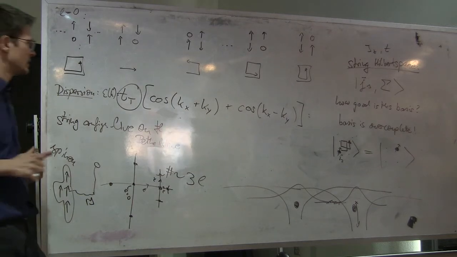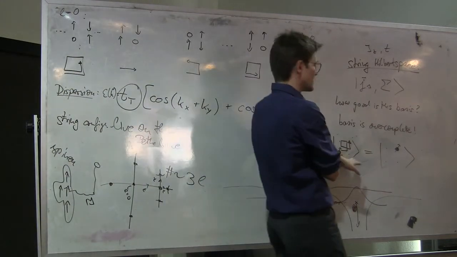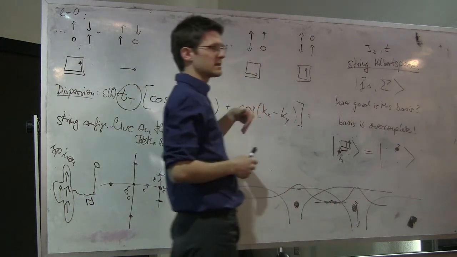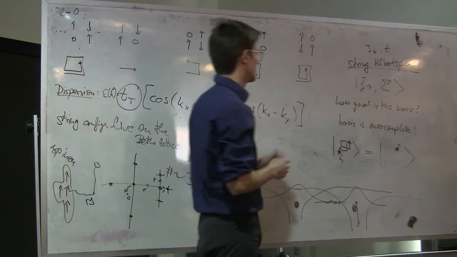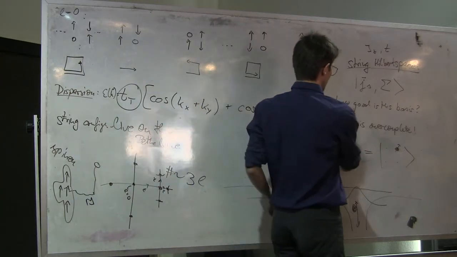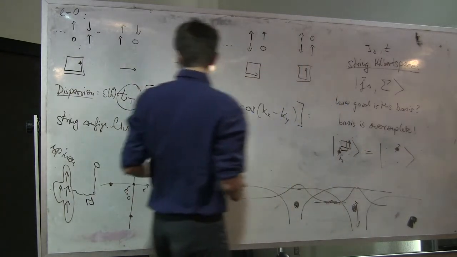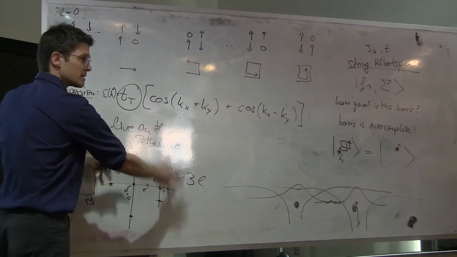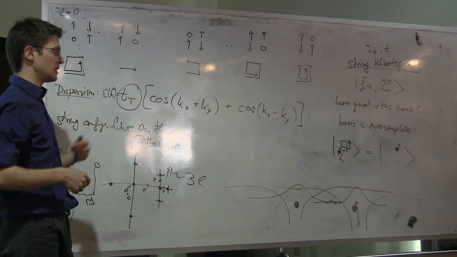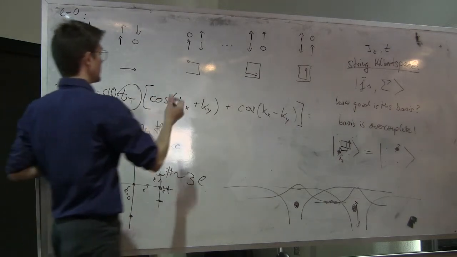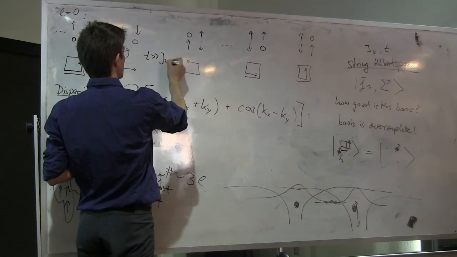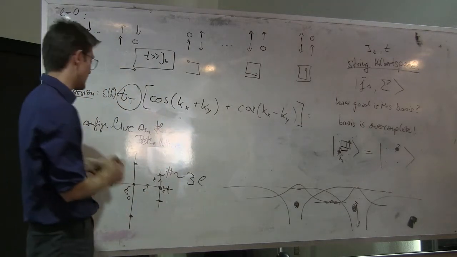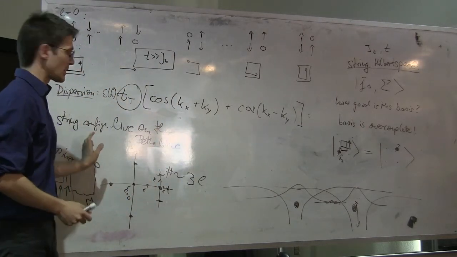So I want to now put forward a little bit different interpretation. So far we basically discussed the hole, and we said the hole is moving around, and the hole can hop diagonally. But we also saw that mostly what the hole does is fluctuate on all these different string states, because remember, the tunneling t is much bigger than Jz. And that means in order to have a low energy state, the hole has to delocalize over all these states.